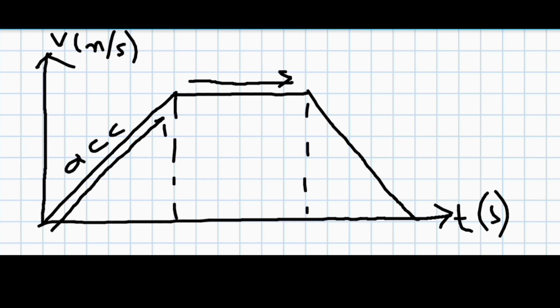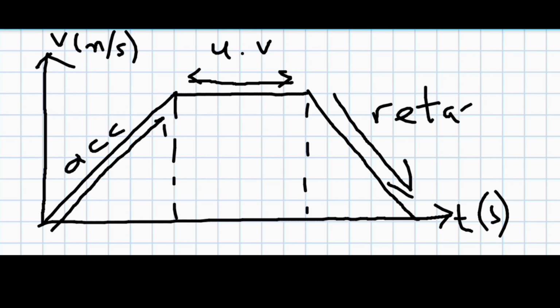This portion gives information about the uniform speed or uniform velocity of the body. And lastly, we have the portion known as retardation or deceleration, which tells us about the vehicle or the body coming to rest.